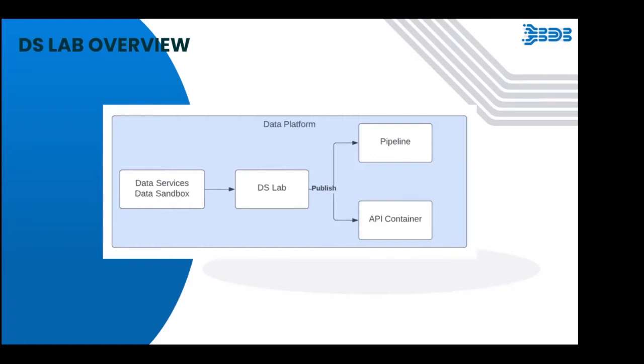And at the backend, I'm using my model that I create from the DS Lab notebook, and that model is being used as an API to serve predictions on my mobile application based upon the data that I enter in that mobile application. So this is also an extremely powerful feature that you can make use of, and you can consume this API in any of the processes that you have associated with your platform.